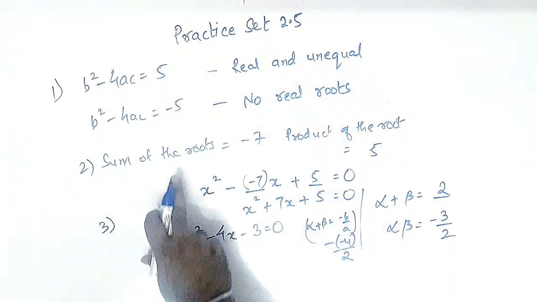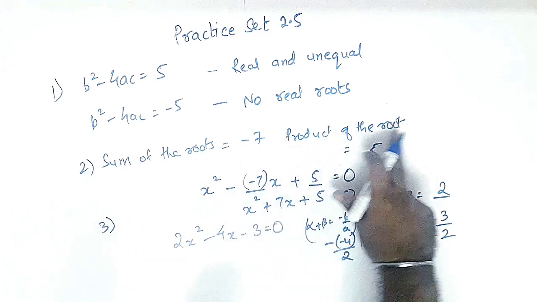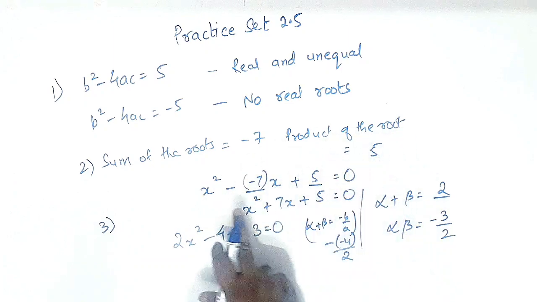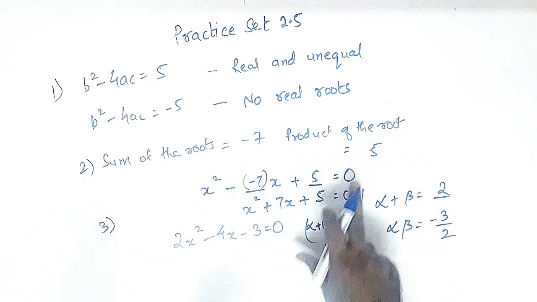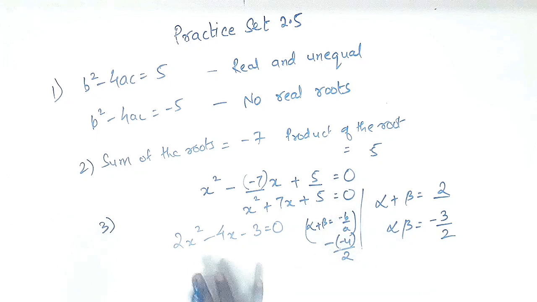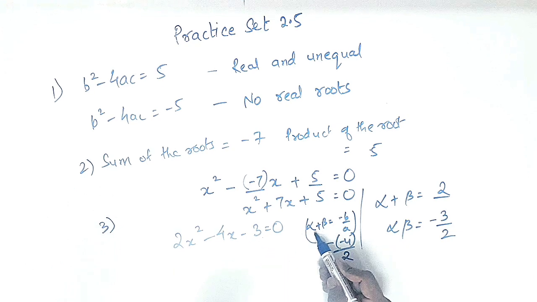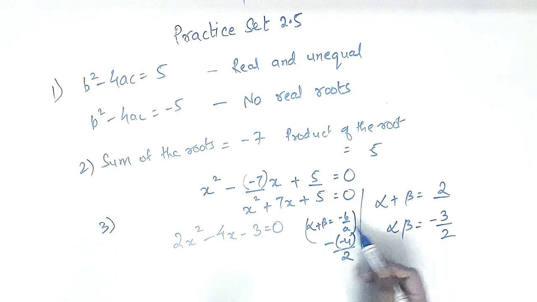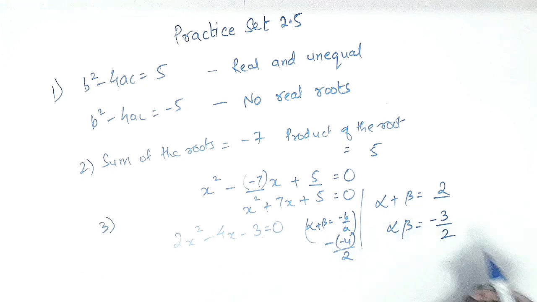Then, when the sum of the roots and the product of the roots are given, you can frame a quadratic equation. And the third thing is how to find the sum and product of the roots when a quadratic equation is given.